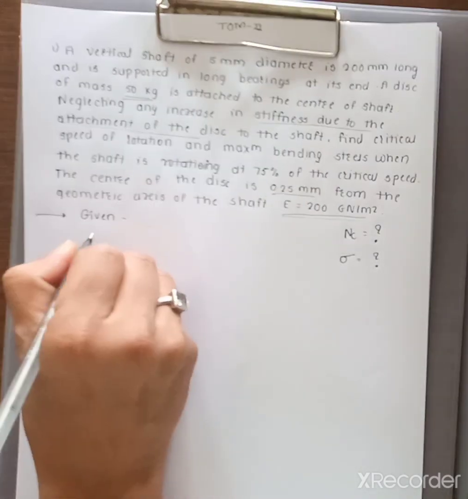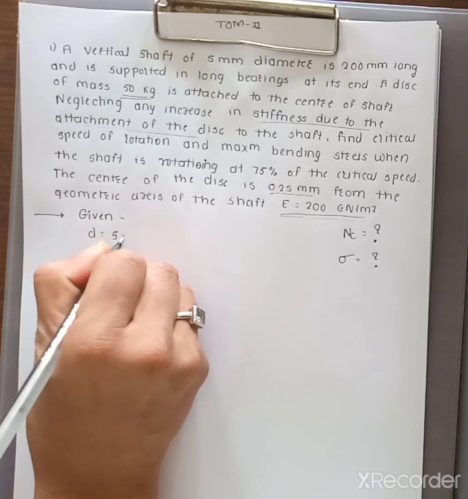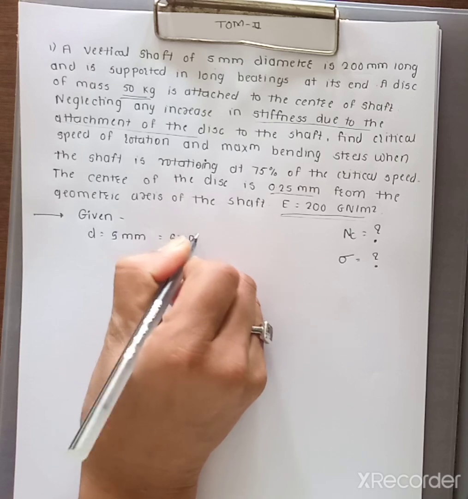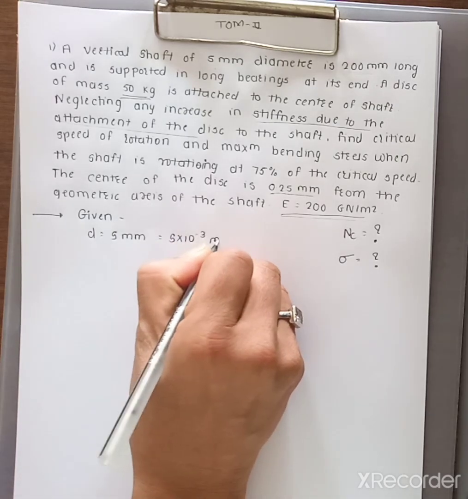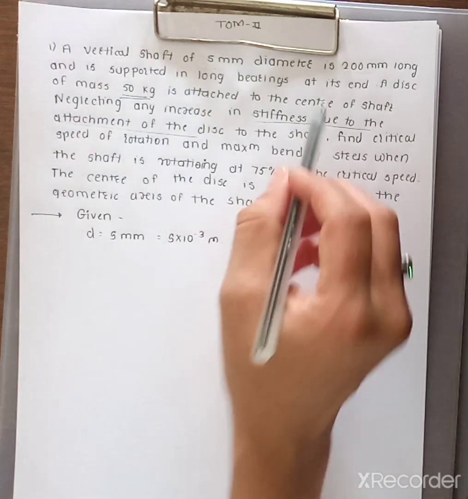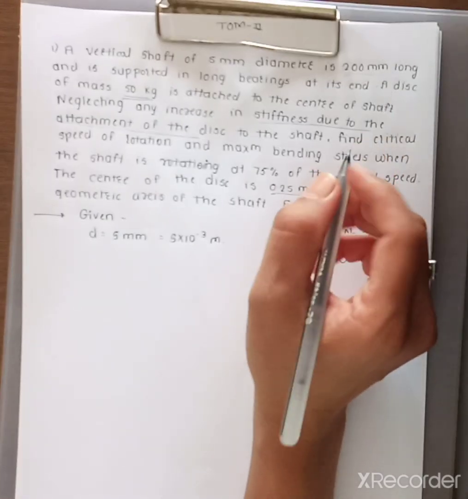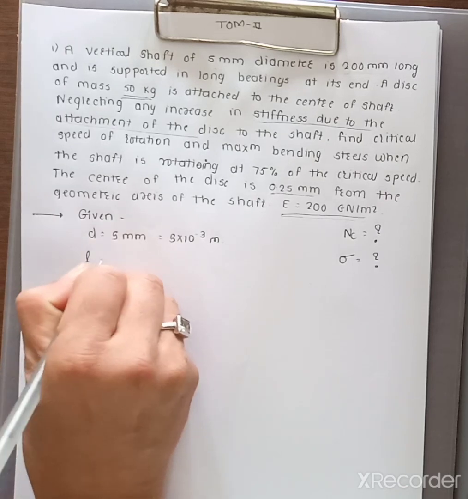First, the diameter is given, it is 5 mm. We will have to convert it into meters, that is 5 into 10 raised to minus 3 meters. Again the length of the shaft is given, that is 200 mm.